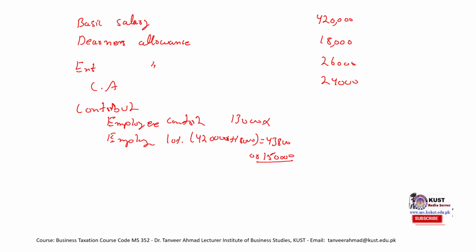This much amount is allowed as exemption, but in our case the amount that the employer is contributing is 13,000. So it is allowed as deduction. It should not be included, right?